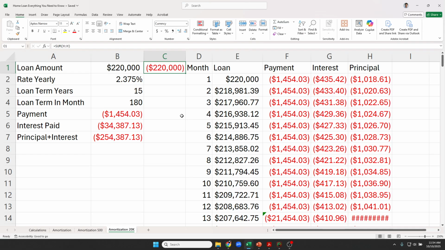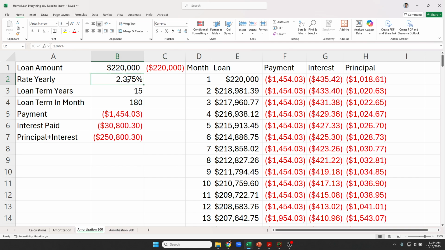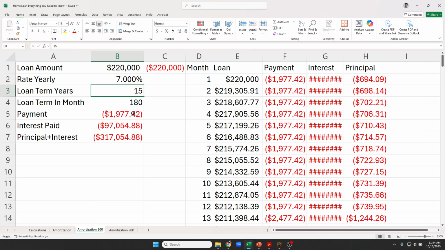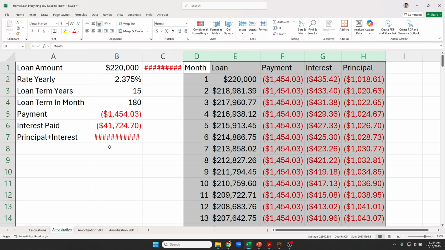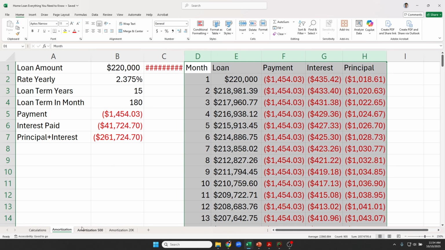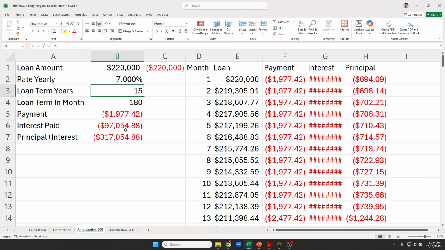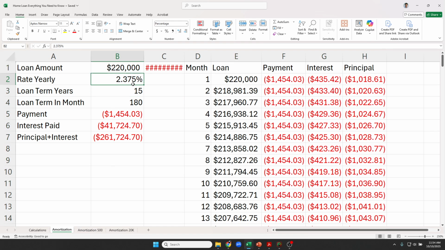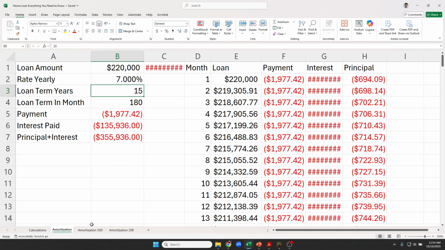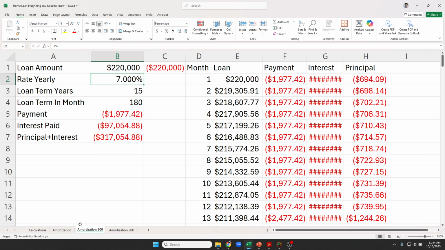Now, one of the things I want to show you: this loan was, say, at a time when the interest rate was very, very low. So what if this is the current interest rate? It's almost 7% now. As you can see, there was a significant amount of saving, and things change if the rate is at 7%. So I'm going to change this to 7% and see how much you'd actually be saving by paying at the current mortgage rate.